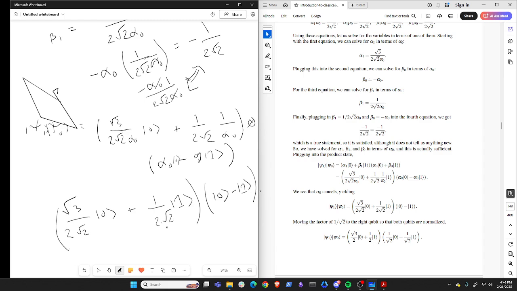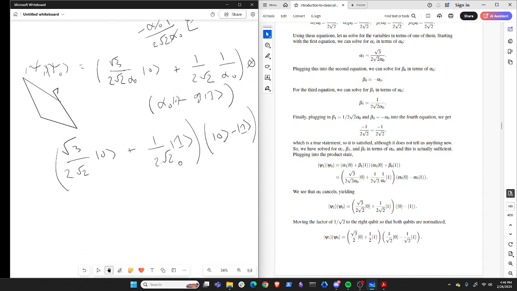Both qubits need to be normalized. So here they just move the 1 square root of 2 over. Without the 1 square root of 2 here, these will be normalized with square root of 3 over 2 and 1 over 2. So we can pull out a 1 over square root of 2 and move it over to our right qubit. And we wind up with square root of 3, 2, state 0 plus 1 over 2, state 1.